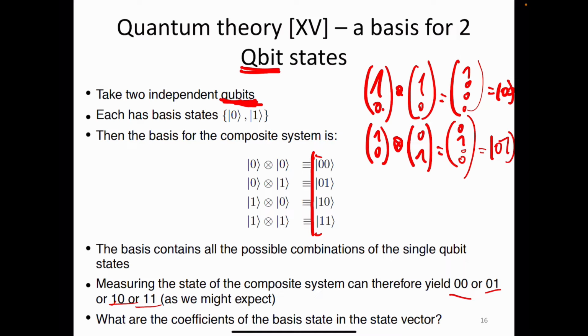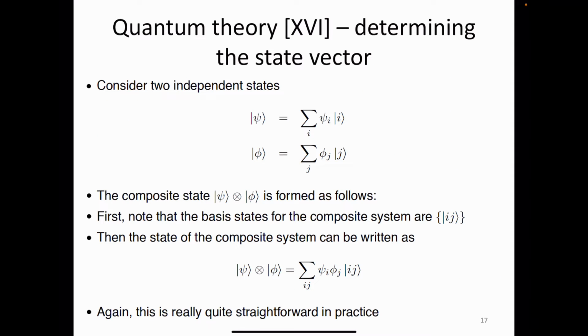What are the coefficients of the basis state in the state vector? So if we consider two independent states, then this is what we had before. For each of the basis state vectors, we have one probability amplitude, and we sum this up. The composite system, the tensor product, is formed as follows.